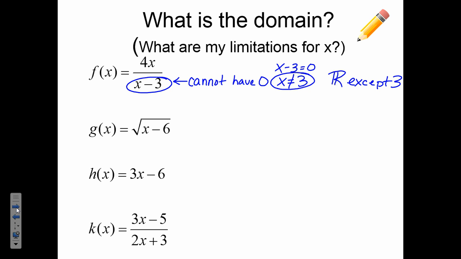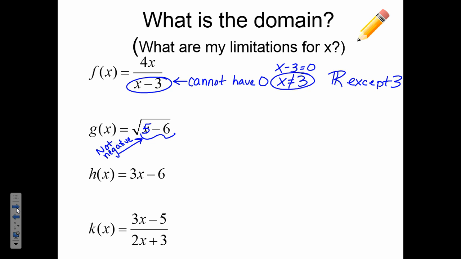Let's think about this square root right here. What's the rule for square roots? This whole thing under here can't be negative. Not a negative answer. So what numbers, when I plug it right in there, are going to give me negative answers? Well, 6 gives me 0, and I can square root 0. But 7 gives me 1, so that one's okay. All right. Well, what about 5? 5's bad.